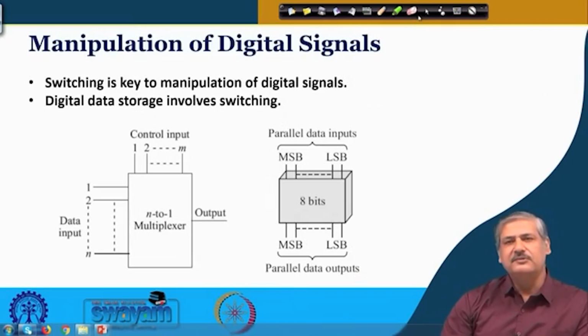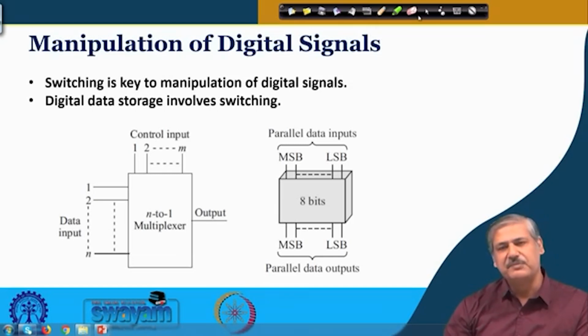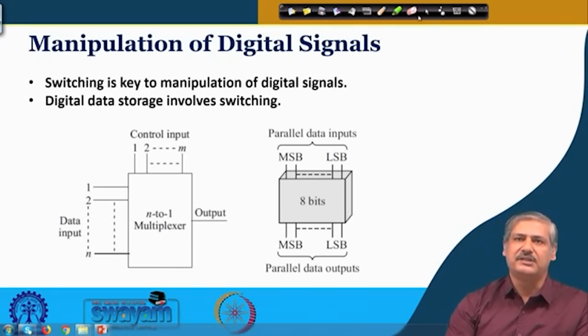Now, we come to the manipulation of digital signals. As I said, this is an introductory lecture; we are looking at some example cases. So, the first very important thing is that when we talk about manipulation of digital signals, switching is the key to it.